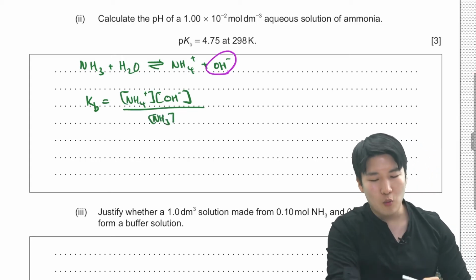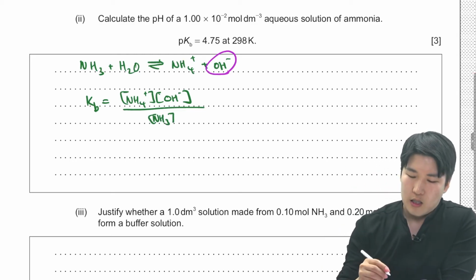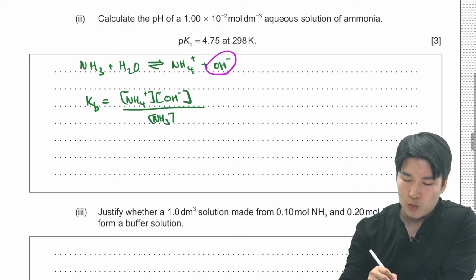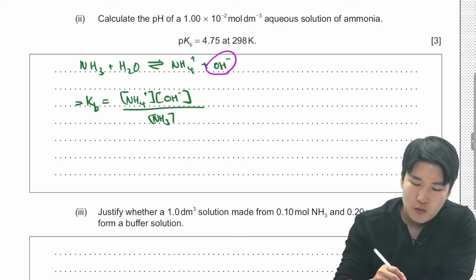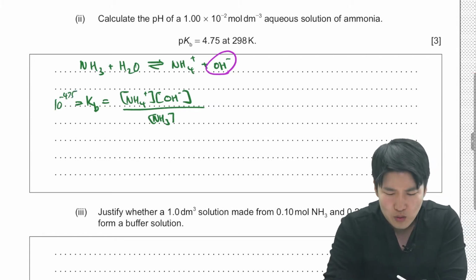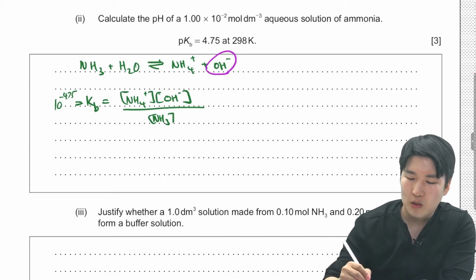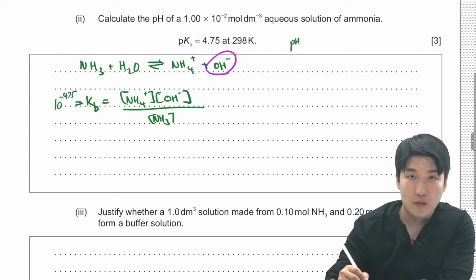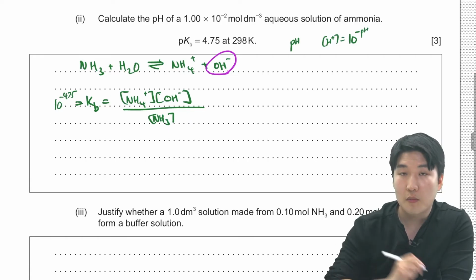We're going to skip the water concentration in our Kb expression, and we are told that Kb is 10 to the power of minus 4.75. How do I know immediately how pKb converts to Kb? Well, remember, pH can be converted into H plus concentration by 10 to the power of minus pH.